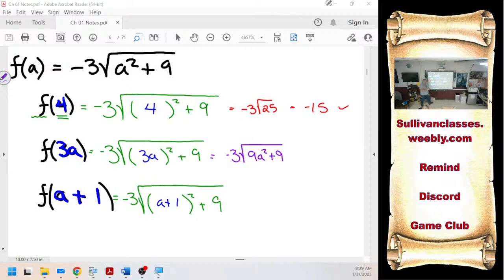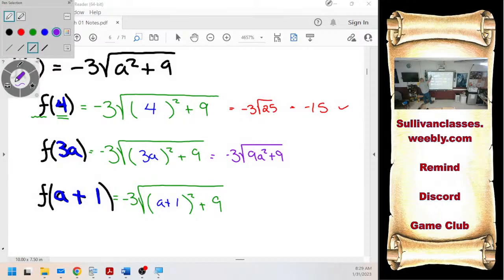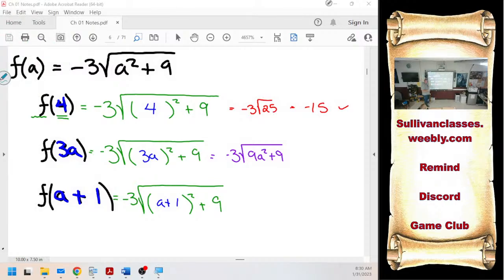Now, I will get kids who try to do this. I'm about to do some not safe for school math here. Close your eyes, children. That is freshman math right there.